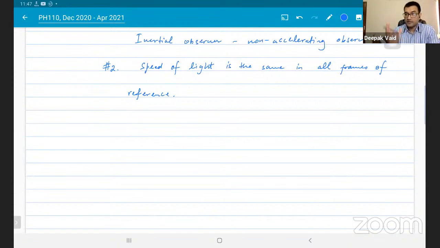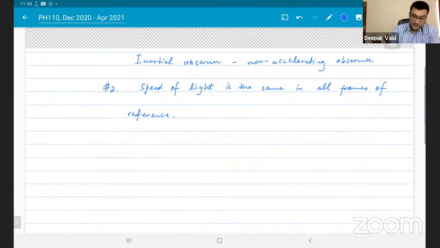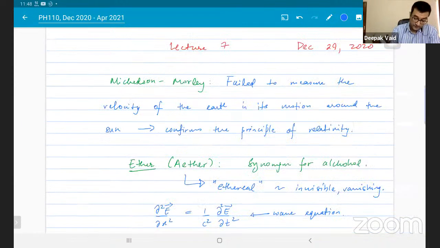Now, one might argue that if you have the first postulate, you don't really need the second postulate, because if the laws of physics are the same for all inertial observers, then one of the laws of physics is the Maxwell wave equation.